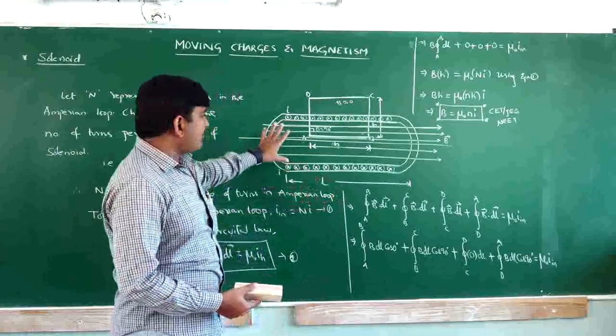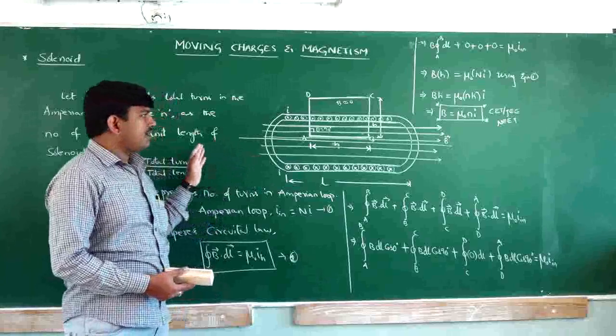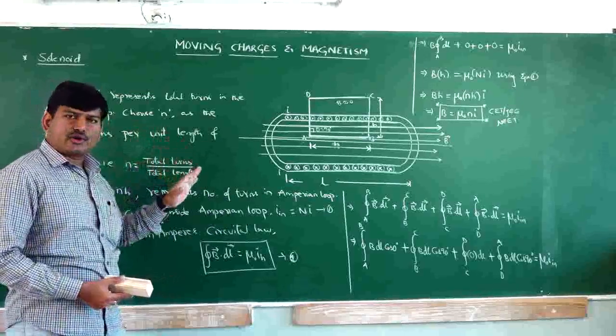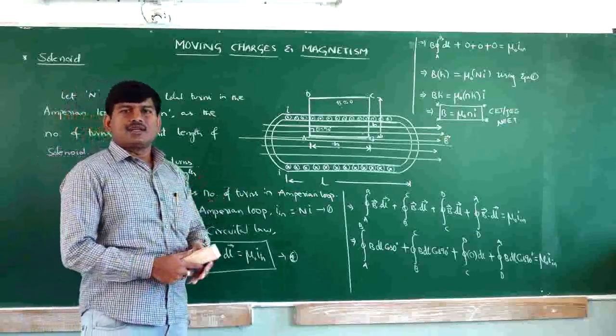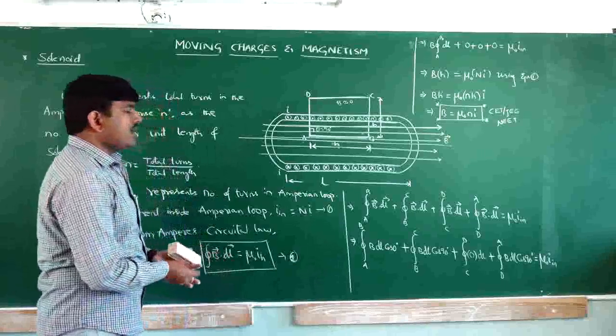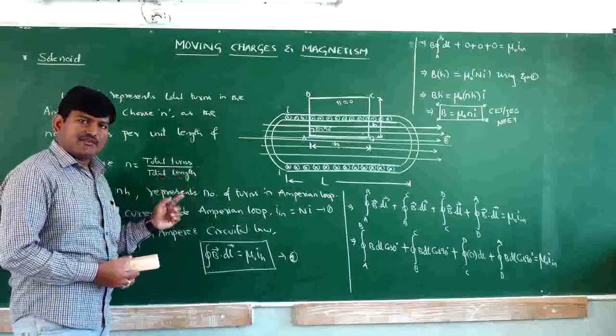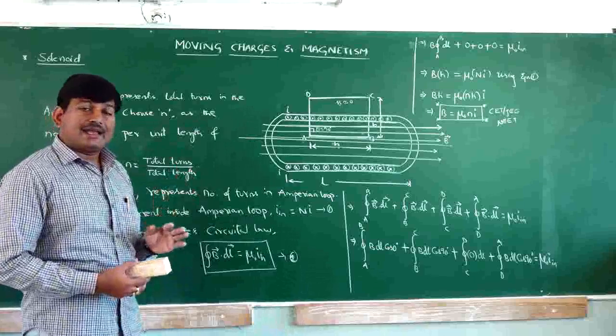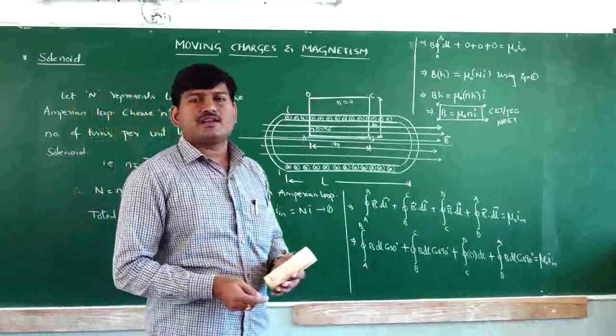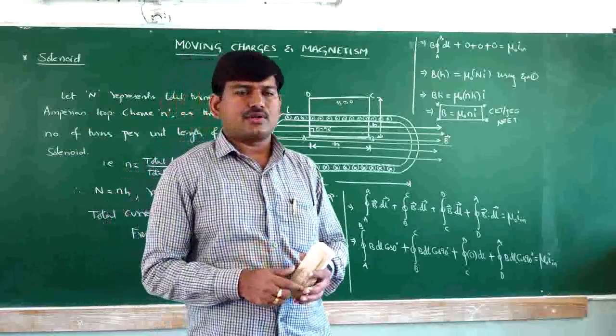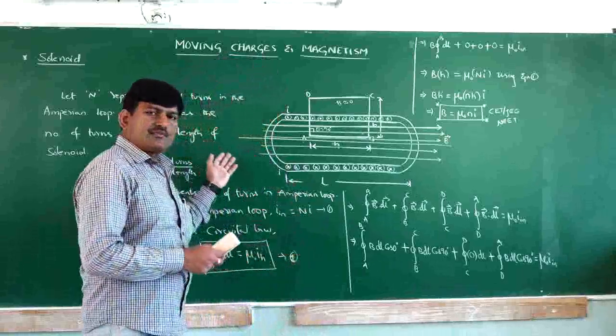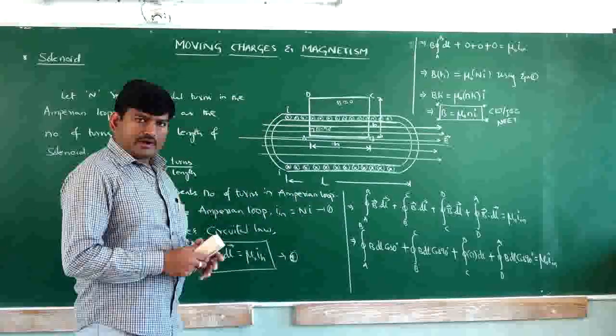Is it clear? So, first what we have discussed here, we calculated the magnetic field inside the solenoid using Ampere's circuital law. So, it is one of the applications of Ampere's circuital law. The first application we studied is the calculation of the magnetic field due to an infinitely long straight wire using Ampere's circuital law. The second one is the calculation of the magnetic field for the solenoid case.